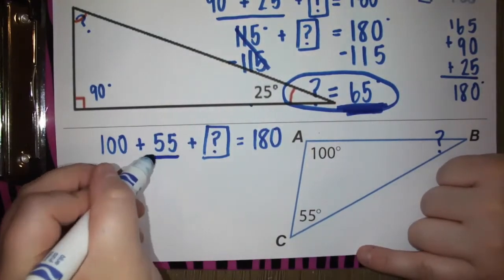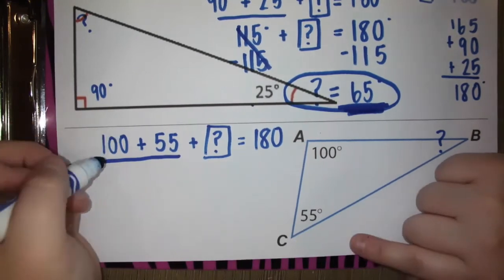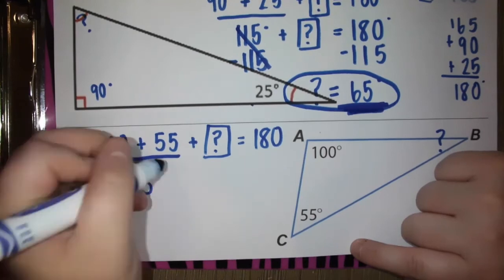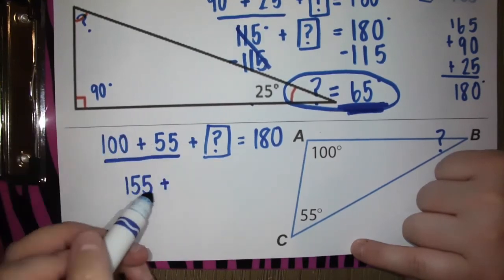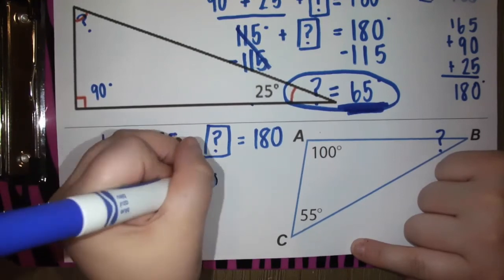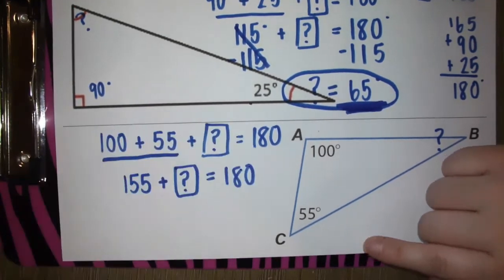I'm going to combine the values I have. 100 and 55 take me to 155, and 155 plus that mystery angle is going to give me 180 degrees.